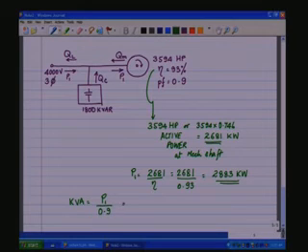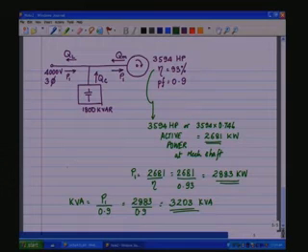That is 2883 by 0.9, which is 3203 kVA. As far as the power is concerned, this is how it is.